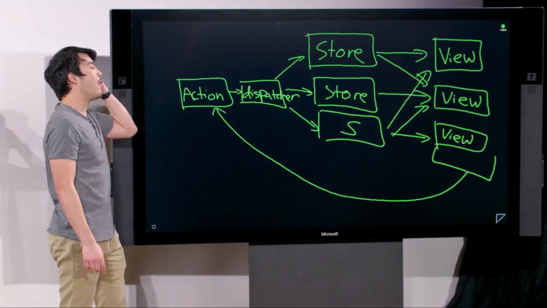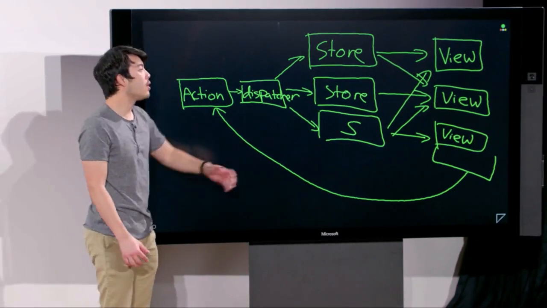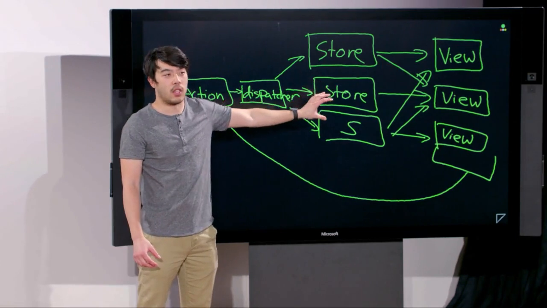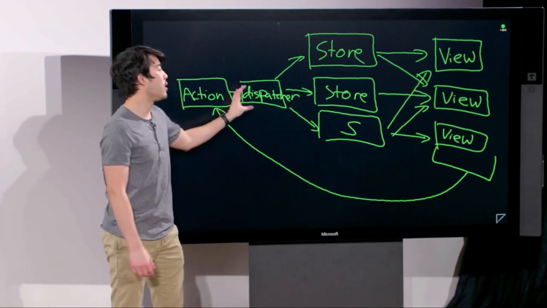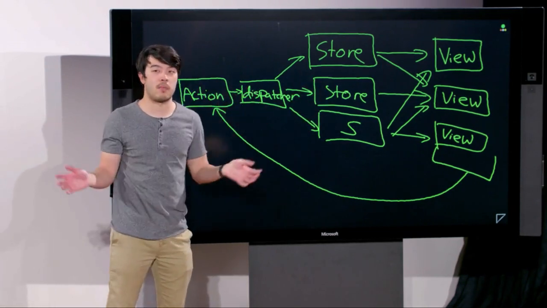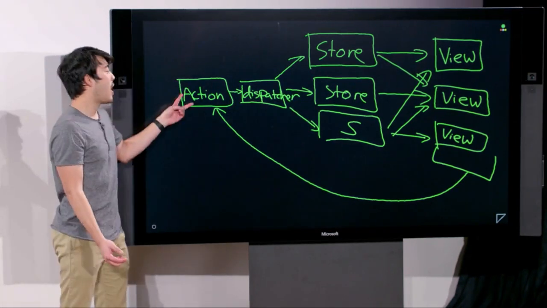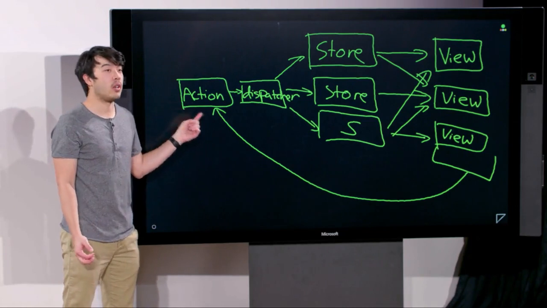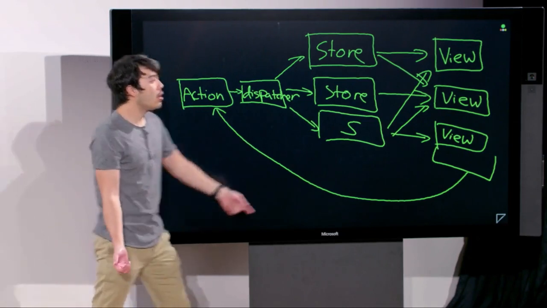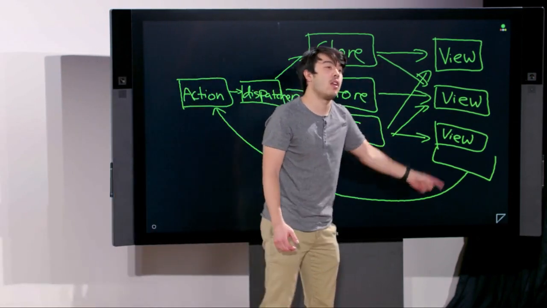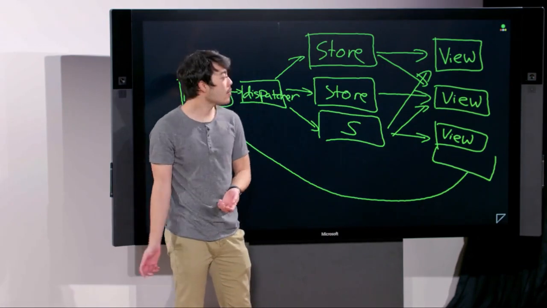So to repeat myself, the only way to update the information, the data that's stored in an application, is through this thing called a dispatcher. And we don't really control this dispatcher. We only tell the dispatcher to start by dispatching an action. And how do we trigger an action? Well, we interact with the views. And by we, I mean our users.